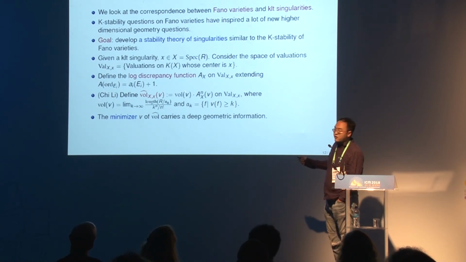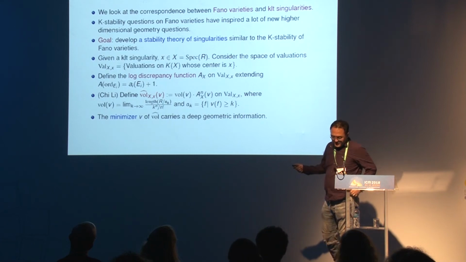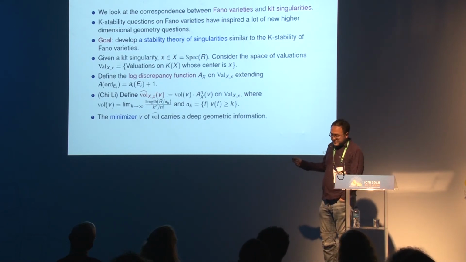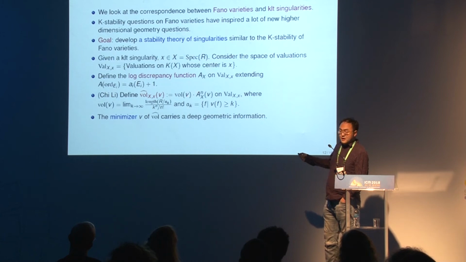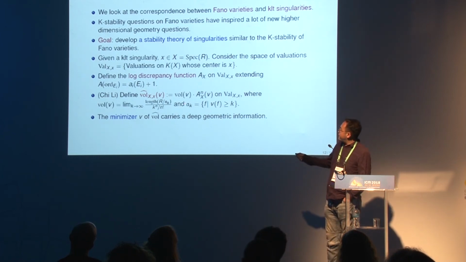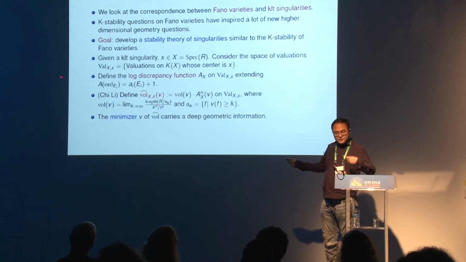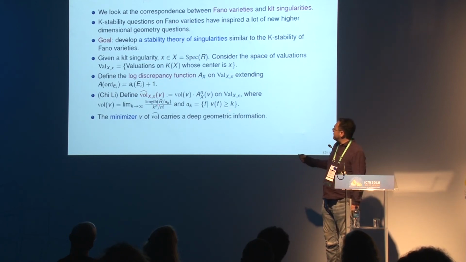And this volume was actually defined before by Hacon, Smith, Lazarsfeld and Yin. But the main observation by Chi Li is that we want to normalize it. So we multiply this volume by the log discrepancy to the power n.